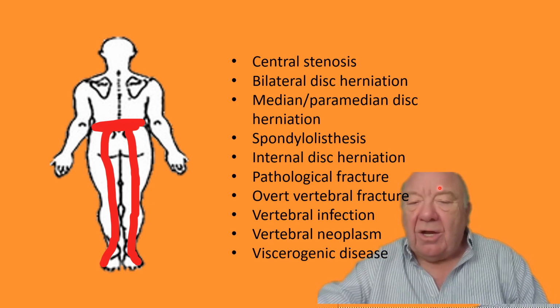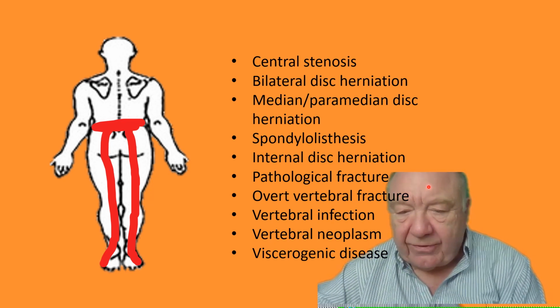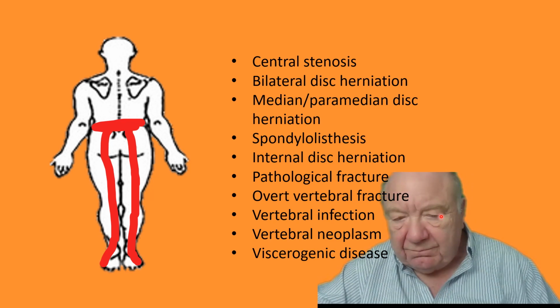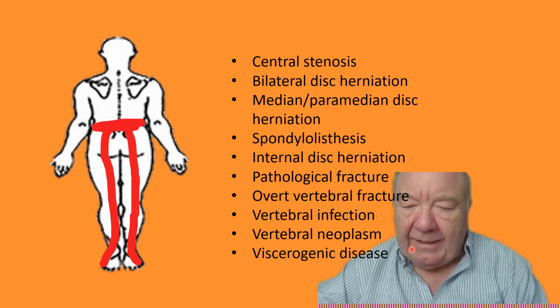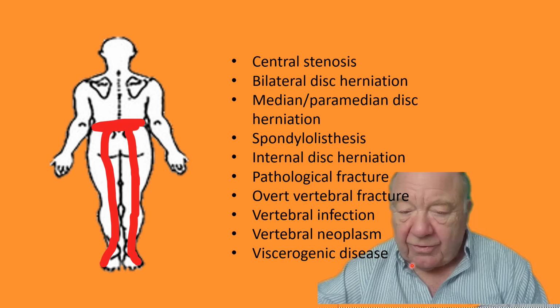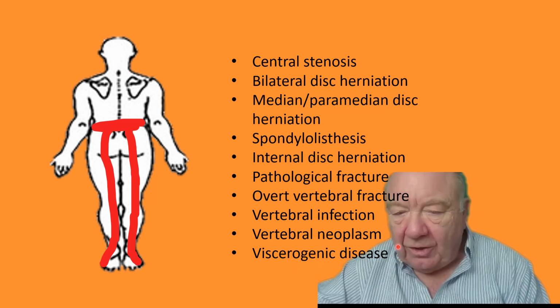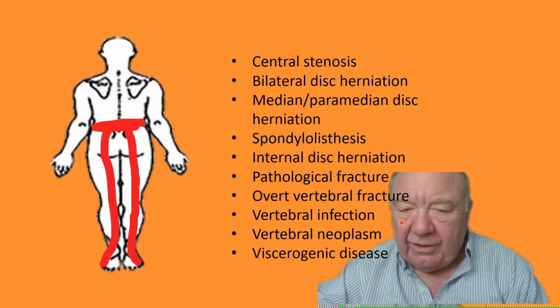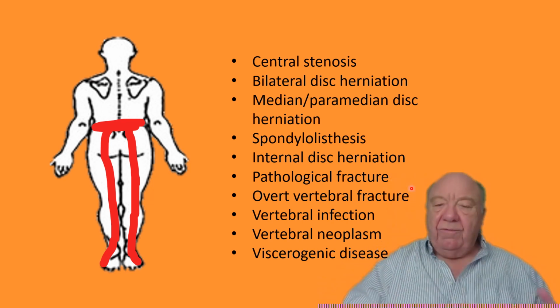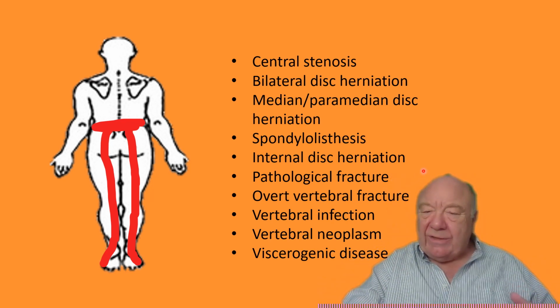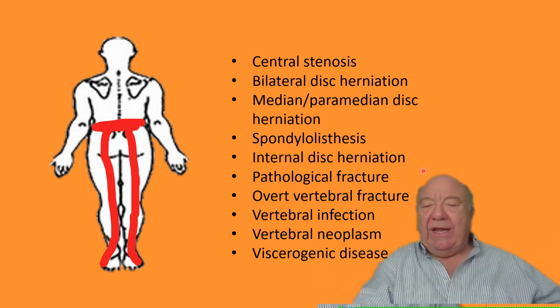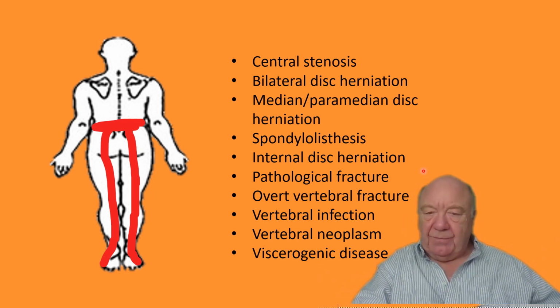The ones that you can't really sort out in your clinic are pathological fracture, vertebral infection, neoplasm, and sometimes viscerogenic disease. Well, that one you should be able to sort out by moving the patient around. But if you look at the ones where you're going to run into trouble, all of those, and even the internal disc herniation, all of those need to be referred back to the physician.